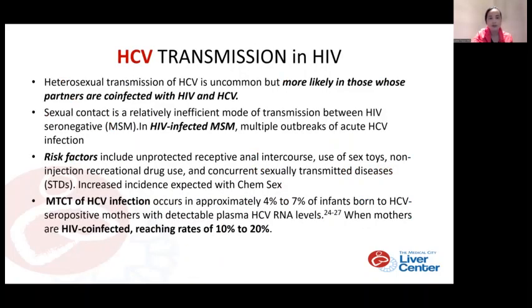So the special cases in HCV transmission in HIV are this. Heterosexual transmission of HCV is uncommon. However, this is more likely in partners who are co-infected with HIV and HCV. Sexual contact is relatively an inefficient mode of transmission. However, in HIV-infected men who have sex with men, multiple outbreaks of acute HCV have been documented.